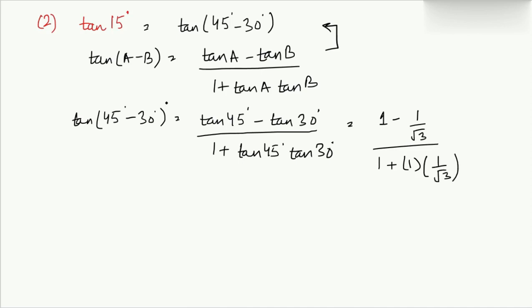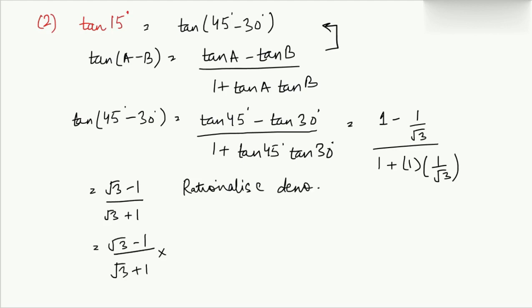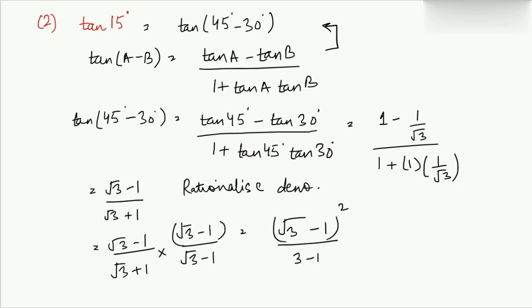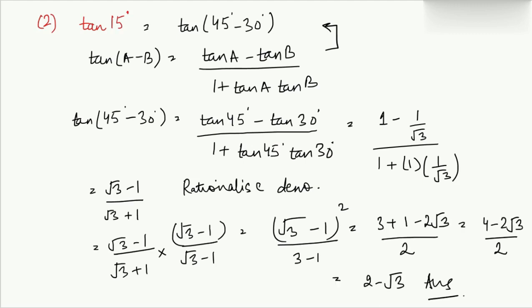After doing a bit of calculation, we'll see that the denominator is in root form, so we need to rationalize the denominator with the opposite sign. The numerator will become (root 3 − 1) whole square and the denominator will contain the formula for a² − b². Hence the answer will be 2 − root 3 for tan 15 degrees.